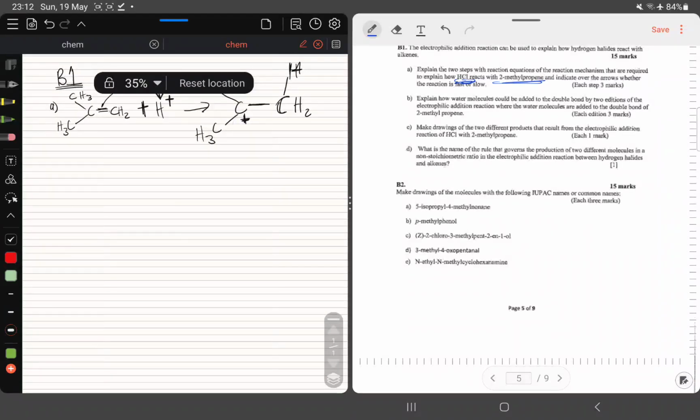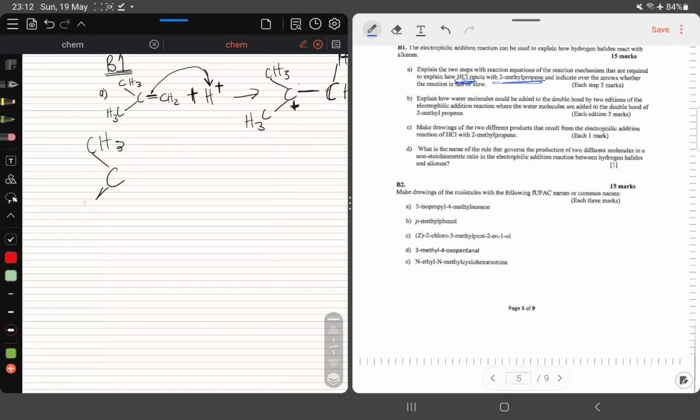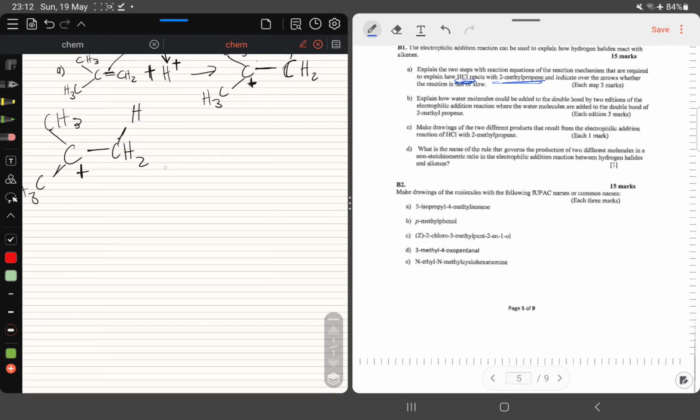Now, what's going to happen in step number 2, so we have him. If you see the slides, they put an H here, but it's just a mistake, okay? The H comes here. This is just a positive guy. So now what we have is C bonded to CH3. Then here we bond to another CH3. And he is the carbocation. He is bonded to CH2, which is bonded to another H. Then what happens is we now meet the Cl minus.